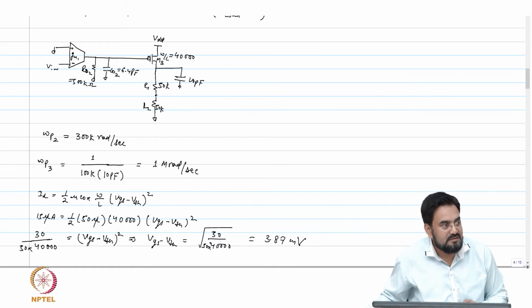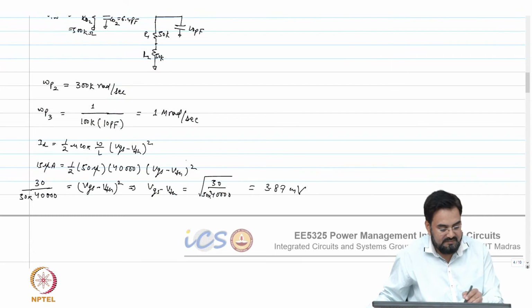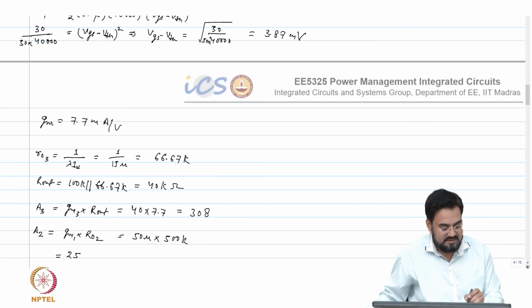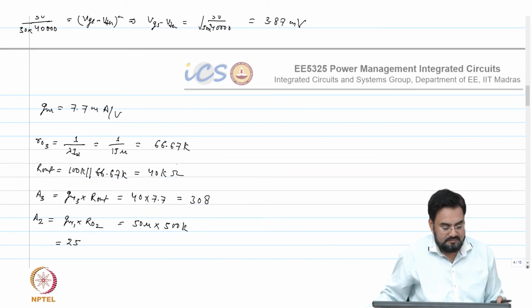Yeah, so that's what we did, huh? 100K parallel with 66.7K. So while calculating the gain, we assume, then while calculating omega P3, C out into R out. Oh, sorry, no, your R out is 40K, huh? That's correct. What is the problem?